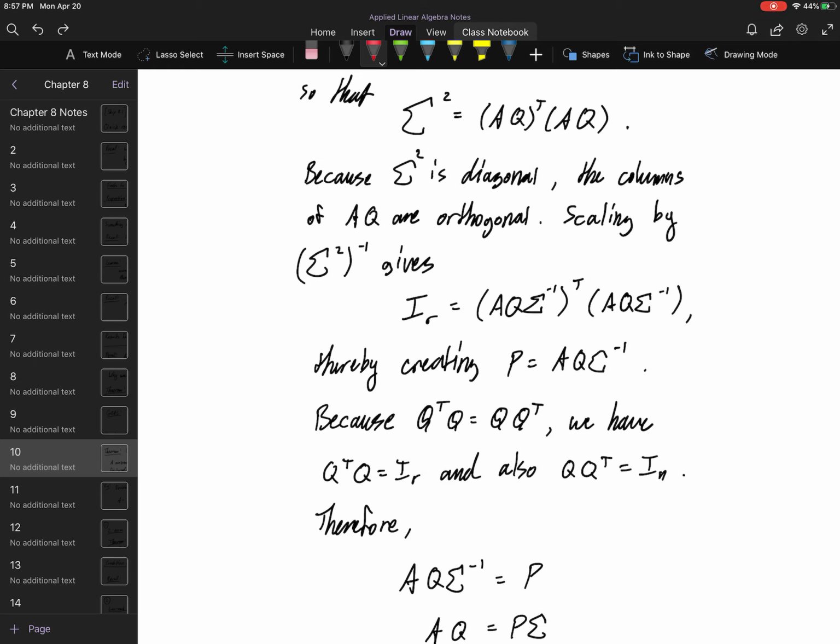So once I'm here, I can go ahead and scale this guy down by effectively dividing by a sigma on the left and on the right, so that I wind up with this fellow. And this is effectively what we're going to take to be P. Right? So P is actually something that we don't get from the diagonalization up front.